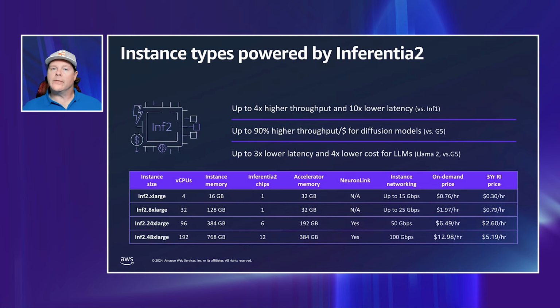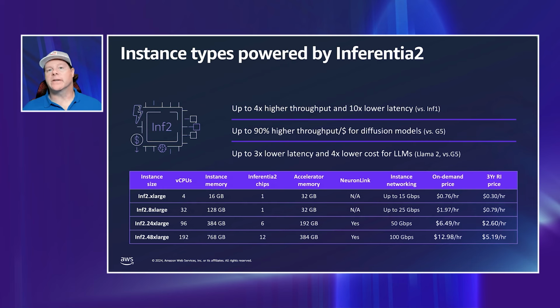Now, on the inference side, when you're actually serving these models to your applications, there are a few different options for the Inferentia 2 chip. Here we see 4 different instance types. We see the total aggregate of the accelerator memory. We see the networking and the number of chips on these different instance types.